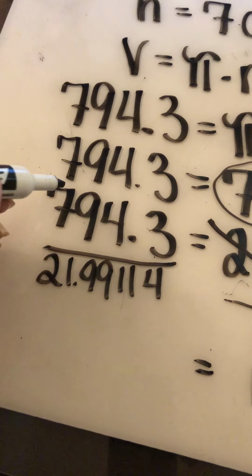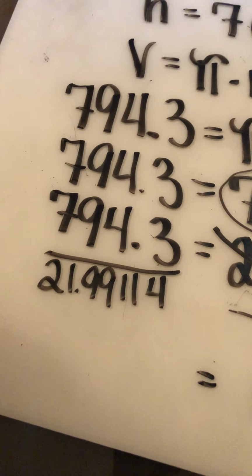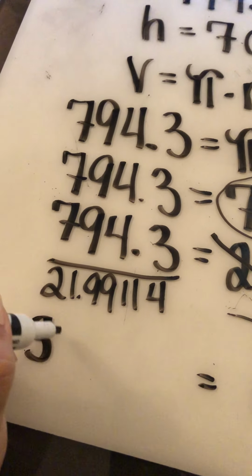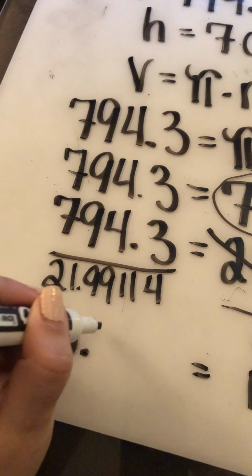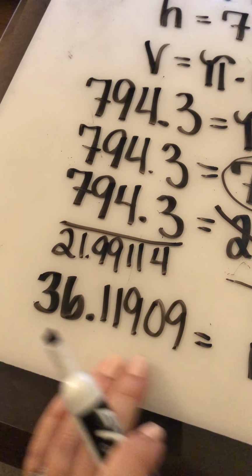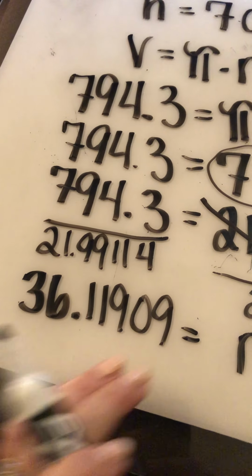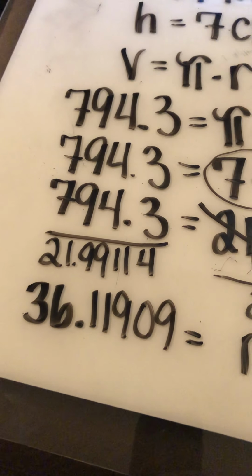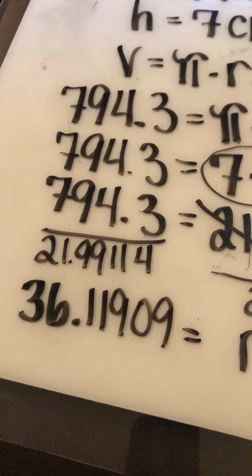Okay, and then we do this division. So again, you want to leave those 5 digits after the decimal place when you find that quotient to be as accurate as possible. So we'll have 36.11909. The more digits you leave after the decimal, the closer you'll be to your actual answer. So 5 digits is usually the suggestion, but just so you know, the more you leave, the closer you'll be.